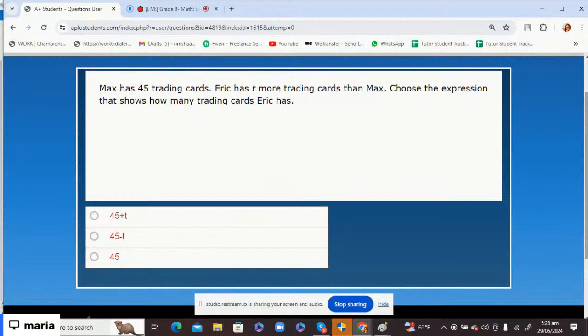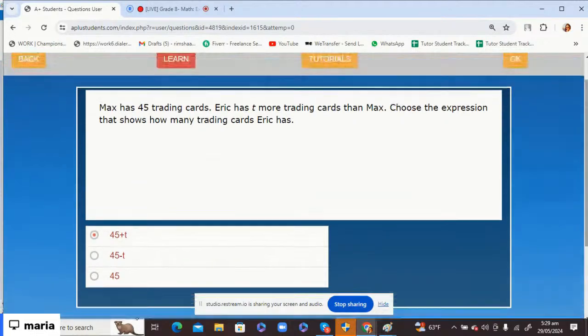Choose the expression that shows how many trading cards Eric has. Max has a total of 45, and Eric has T more. So we are going to add both numbers. 45 more than means addition, that is T. So 45 plus T. Okay, let's move with the first option.